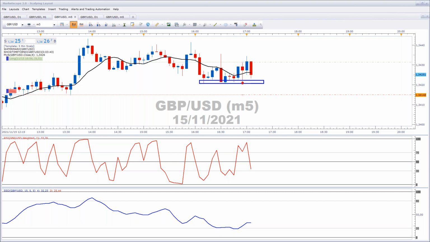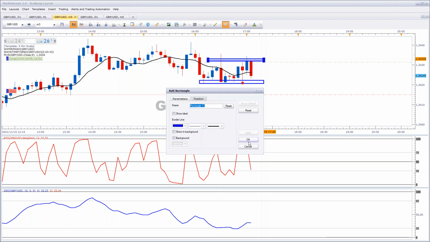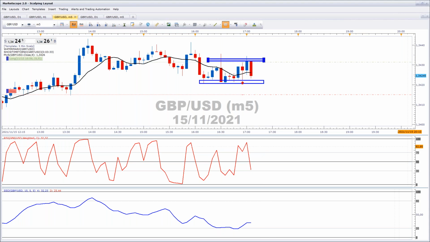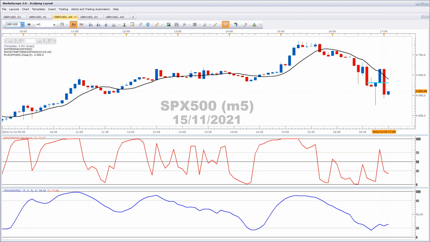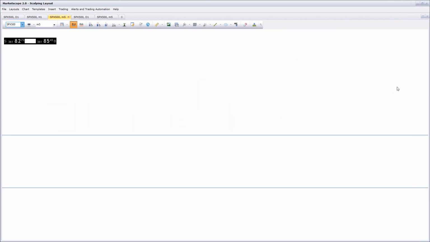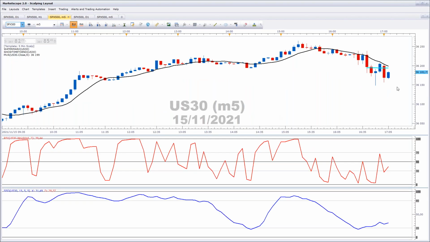All right, so we're stuck in a range here, which is not ideal. We're kind of right here. I don't mind just having a quick look at how that S&P is doing and the US 30. Oh, okay, that's interesting. And let's just use the US 30. Right, so all of these instruments are sort of ranging just over the last 15 minutes or so.